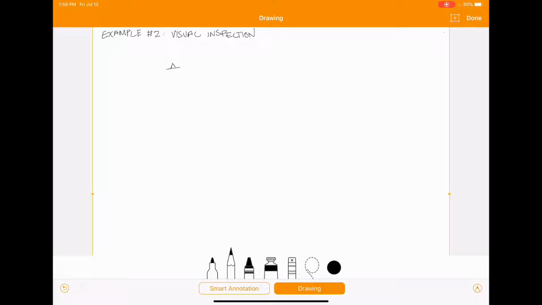So for this example, we're going to pick a beam that has a little bit more complicated of a loading on it. That way you can just see all the different things that occur when you're looking at something and trying to develop the shear moment diagrams by looking at it. Hopefully give you a little bit more exposure to different things that occur.